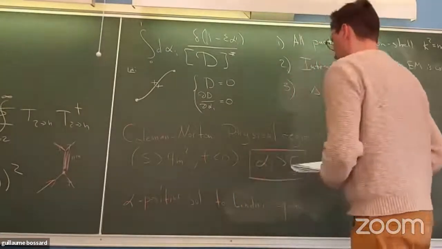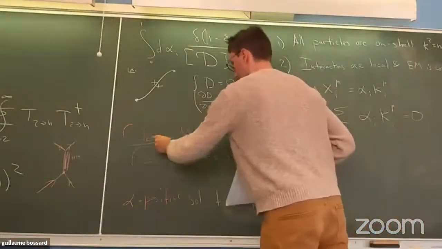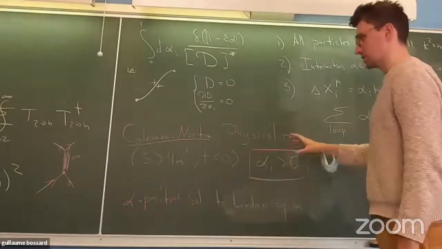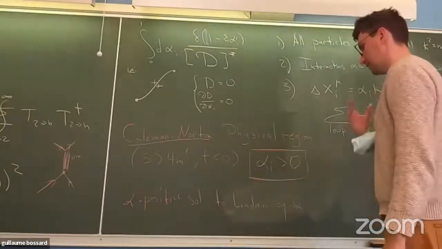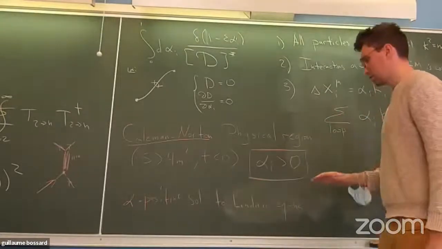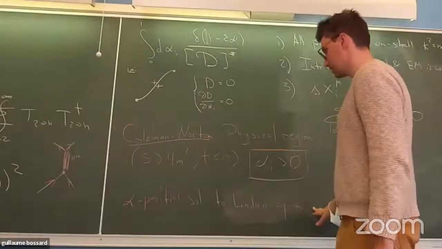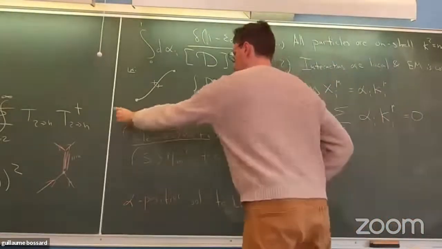And they're important because, for the 2 to 2 amplitude, the only singularities in the physical regions are normal thresholds. Because of this, the story is boring. But in our work, and I will explain why, we also will talk about alpha positive solutions to Landau equations, but you should not confuse it with this statement.